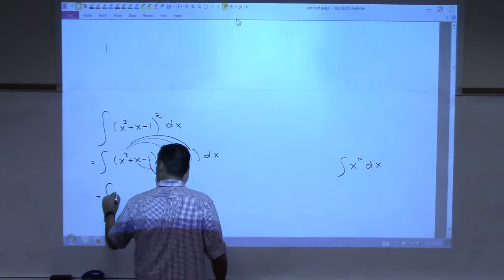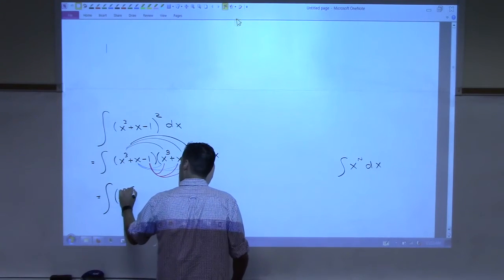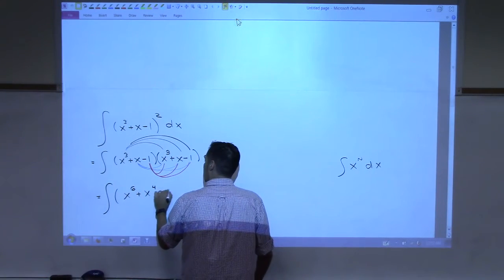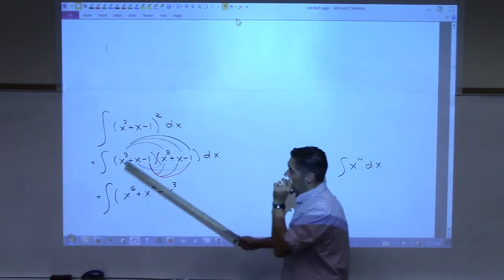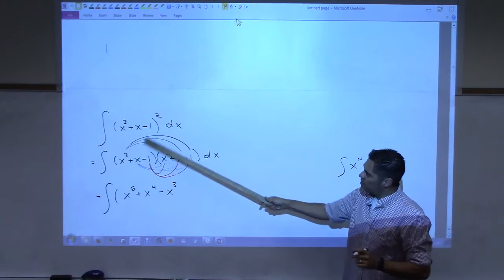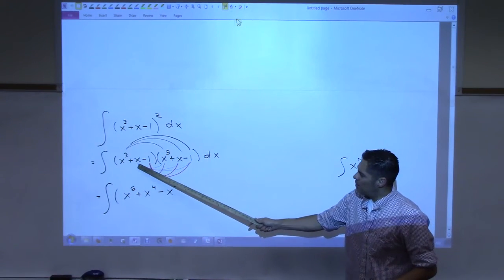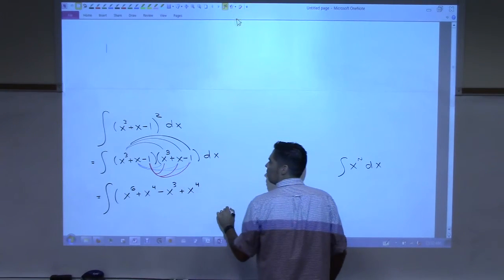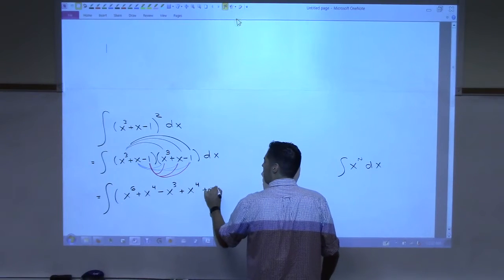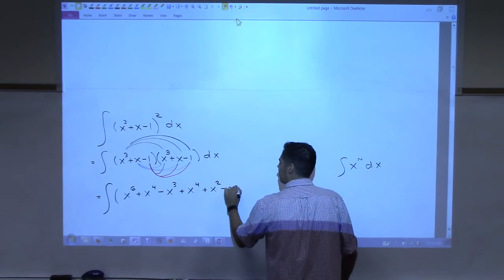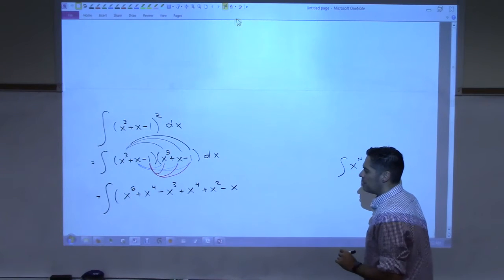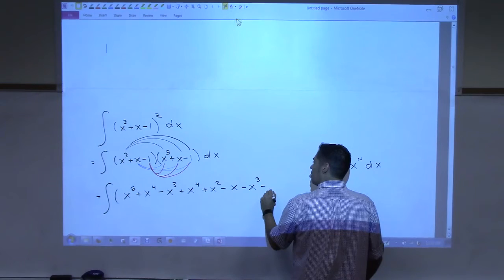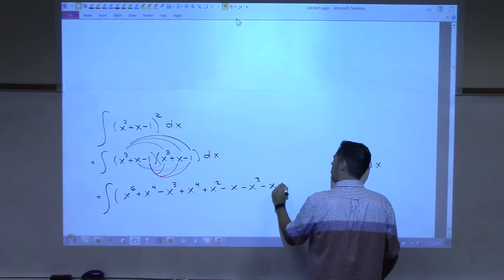So I'm getting x to the 6th first, then plus x to the 4th, minus x cubed. So that's what I get when I multiply these black multiplications. Then the blue multiplications, I get plus x to the 4th, plus x squared, minus x. And then the negative 1 gets passed through, negative x cubed, minus x plus 1.